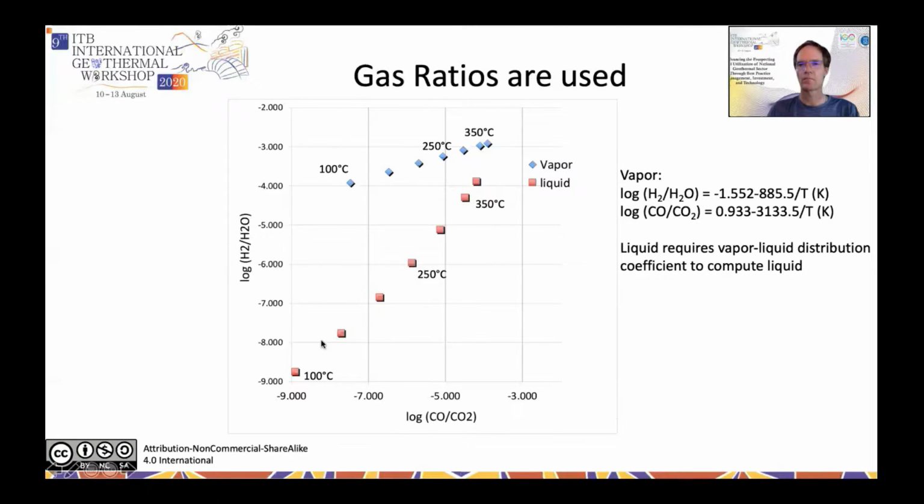For the liquid part, it's a little bit more complicated, but essentially you will need the liquid-vapor distribution coefficient to compute the coexisting liquid.